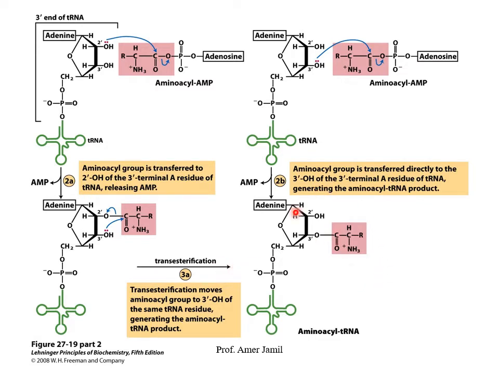So the ultimate result is that all the amino acids are now present at the 3' hydroxyl of this adenine, and this is called amino-acyl transfer RNA. It means this amino acid is now activated and ready for initiation of translation.